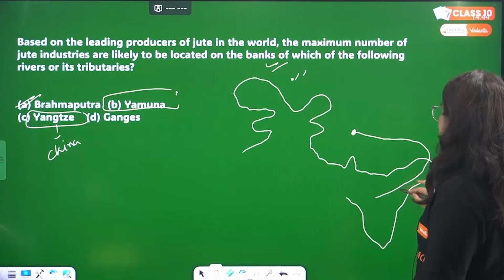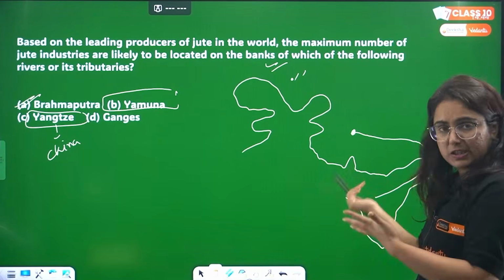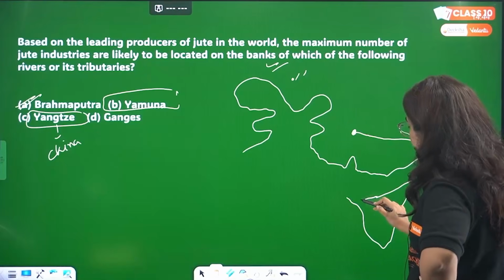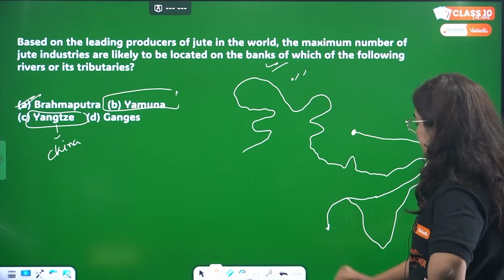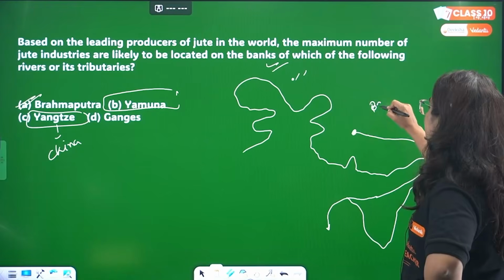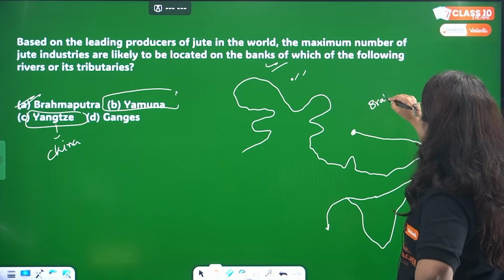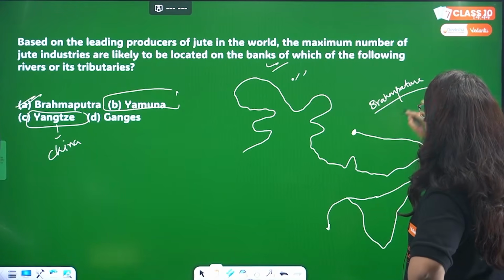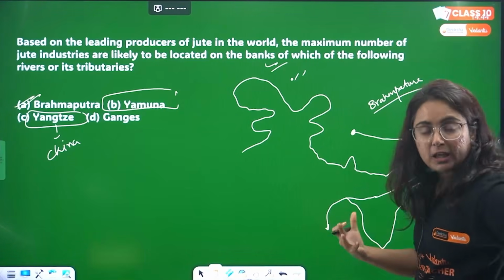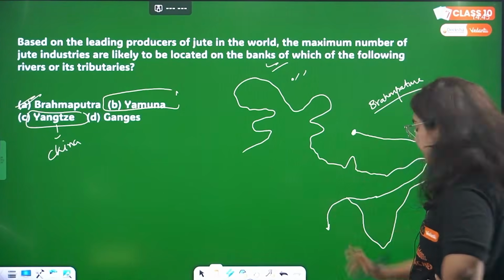So Assam and Meghalaya, with high rainfall, get high water irrigation provided by this river, and then it moves to West Bengal and merges with Ganga. So the Brahmaputra river is the major reason which facilitates the growth of jute in India. We are the leading producer because of this river.